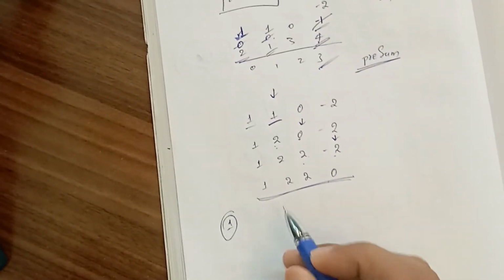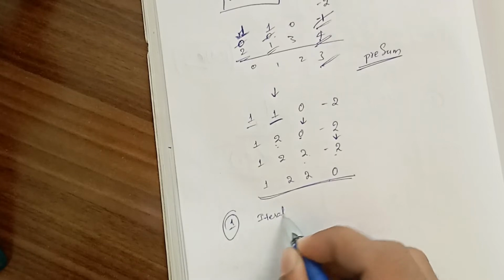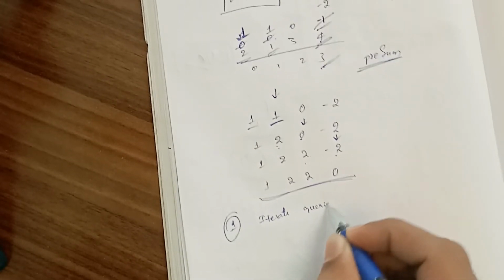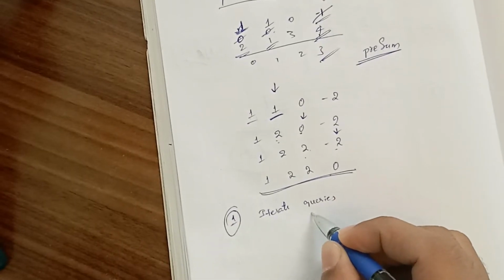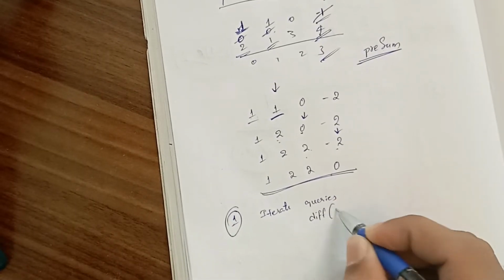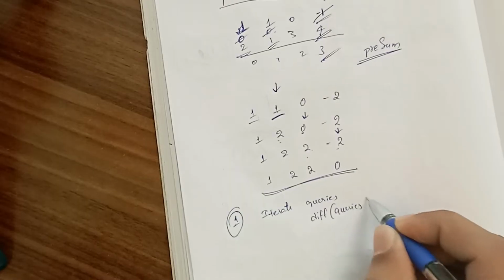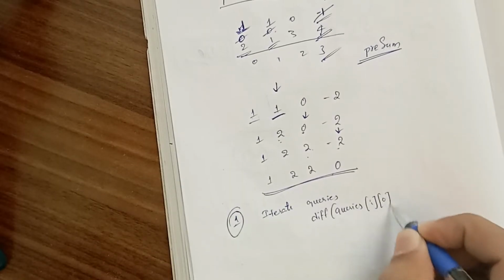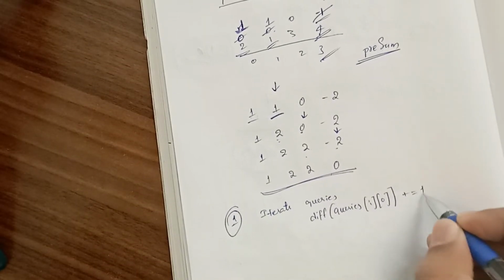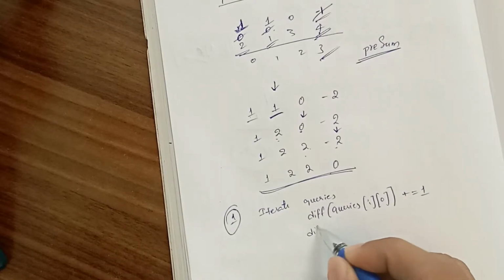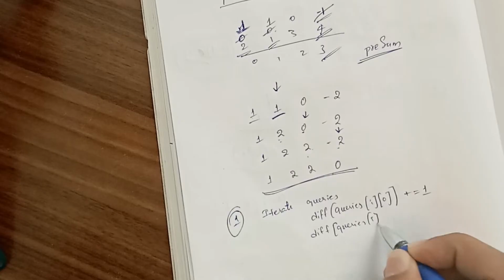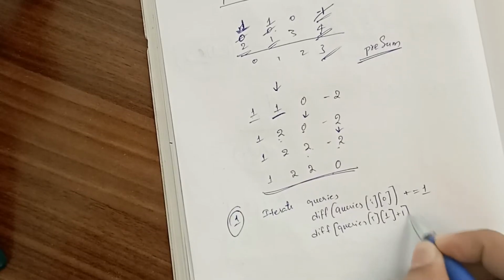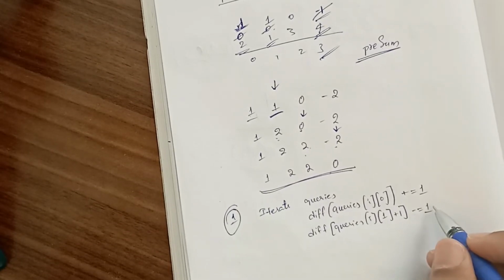The intuition here is to iterate queries and make difference of queries of i of 0 plus equal to 1 and difference of queries of i of 1 plus 1 decremented by 1.